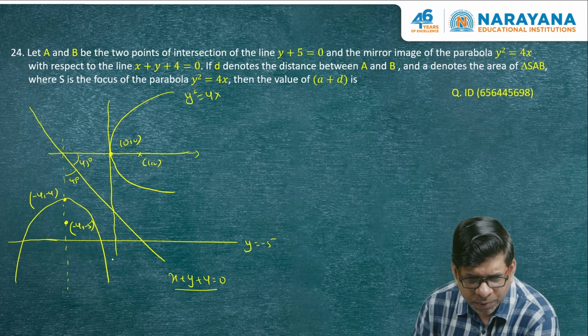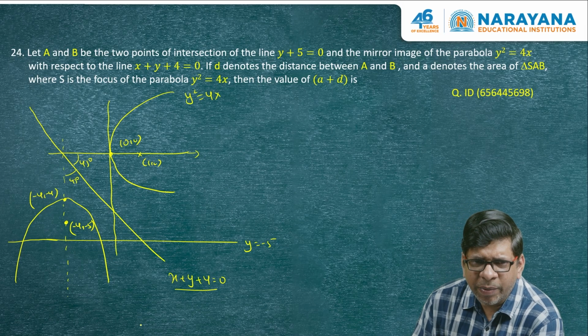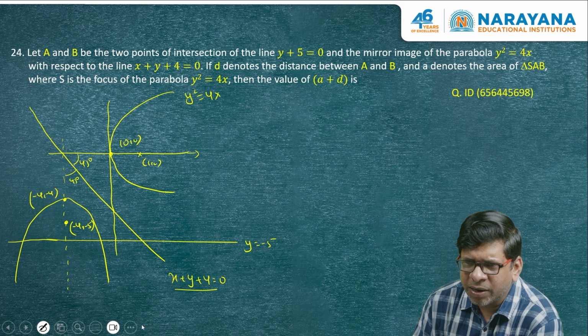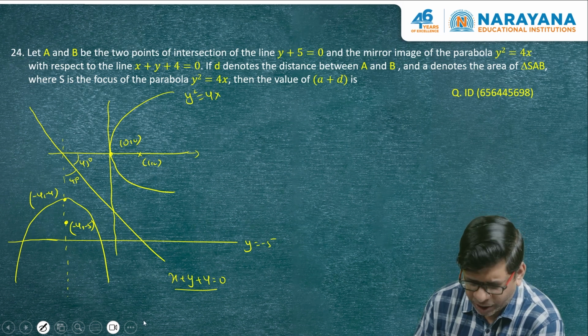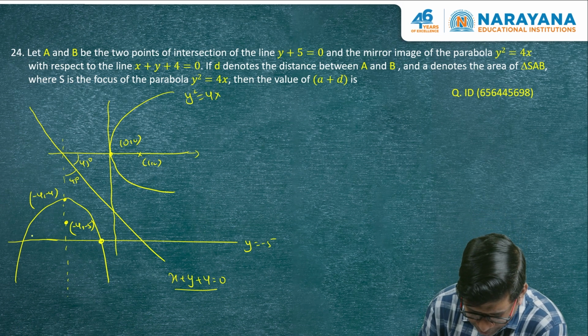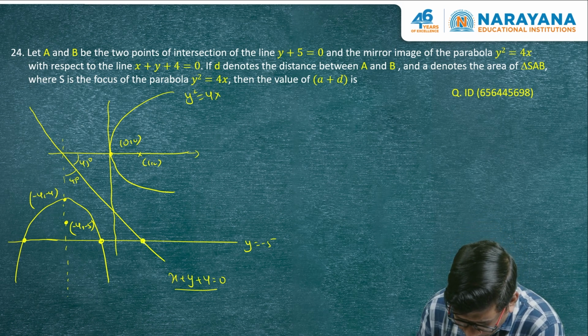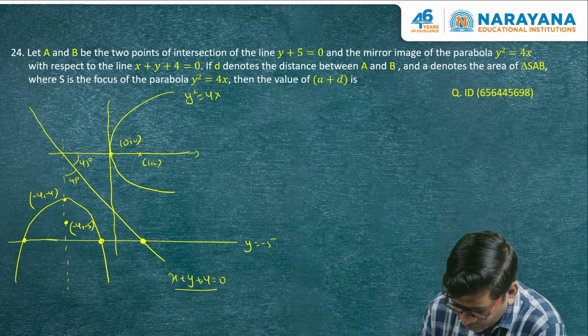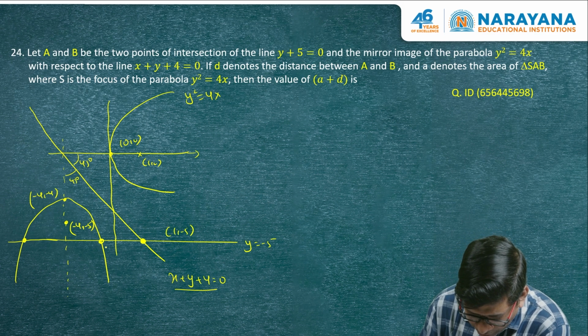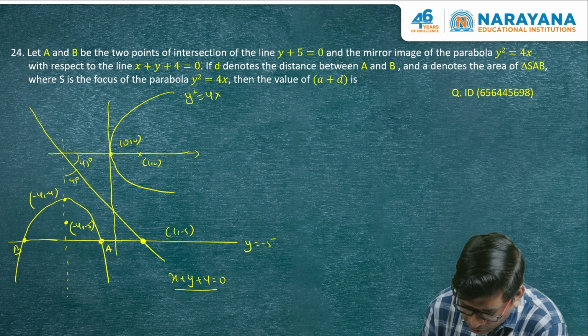Now what they are saying is, A and B are the points of intersection of the line and the mirror image of the parabola with respect to the line. This is A and B. This line intersects the given line y equal to minus 5 at 1 comma minus 5. So if these are the points A and B, what is the mirror image of this?